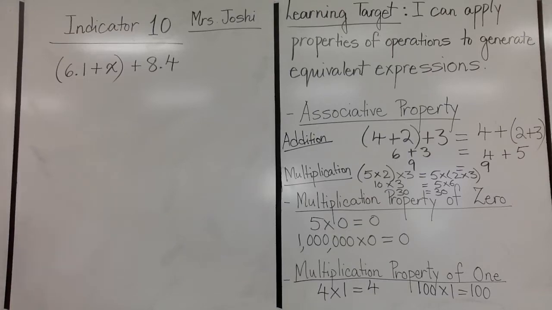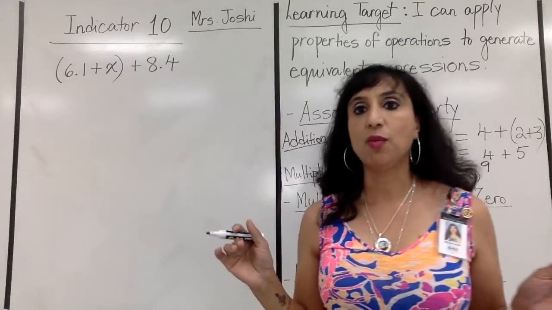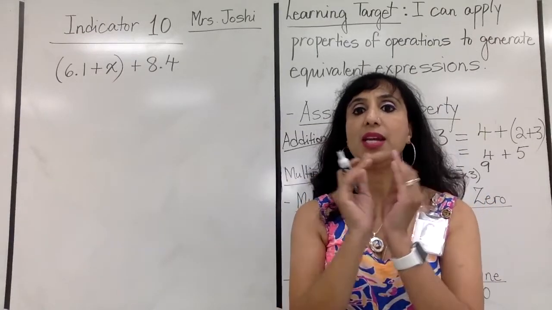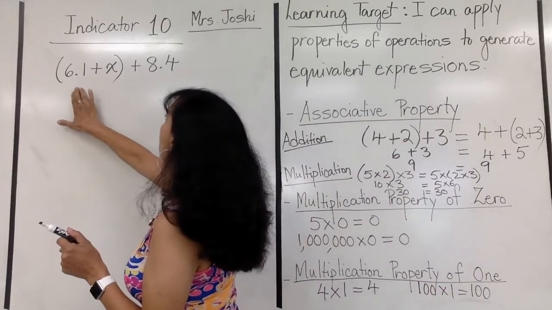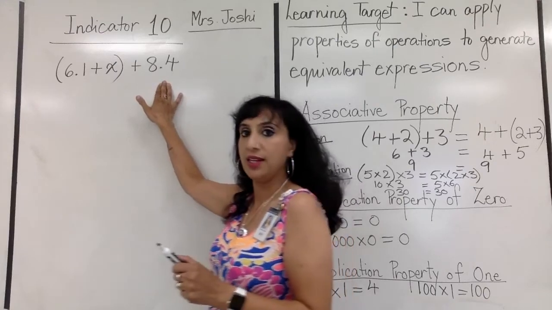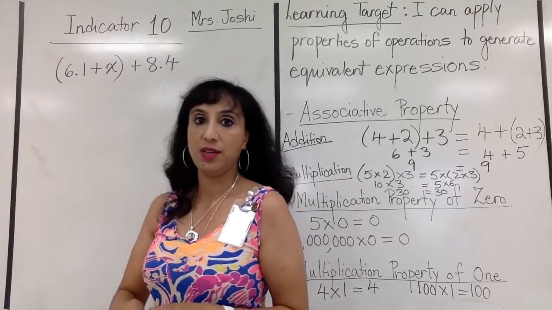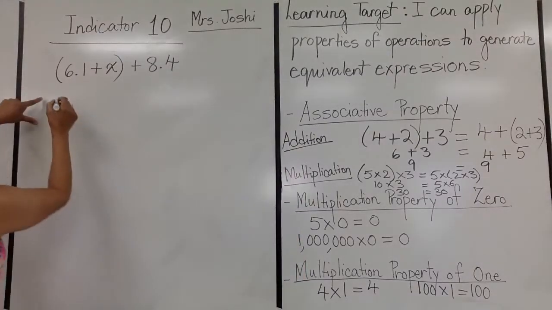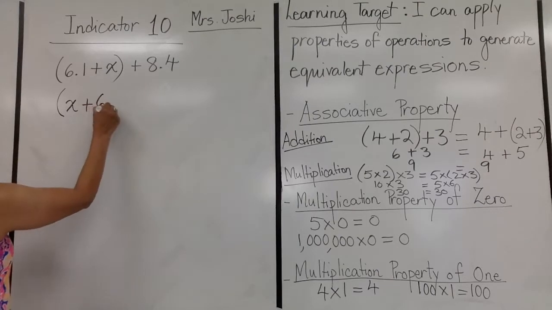Now what I can see over here is my numbers are far apart. My first goal when something is grouped together is to see, is this 6 and 1/10 next to the 8 and 4/10? If not, I have got to flip. I just can't jump from here all the way around. So I am first going to use the commutative property of addition. Remember changing the order?